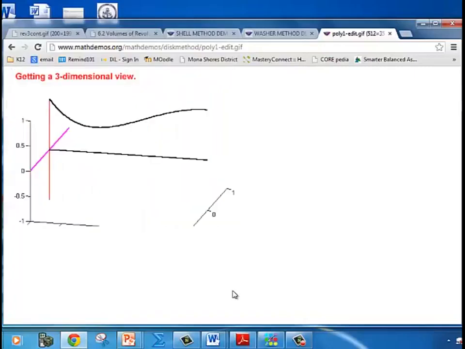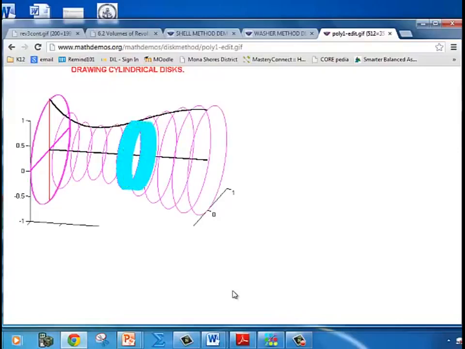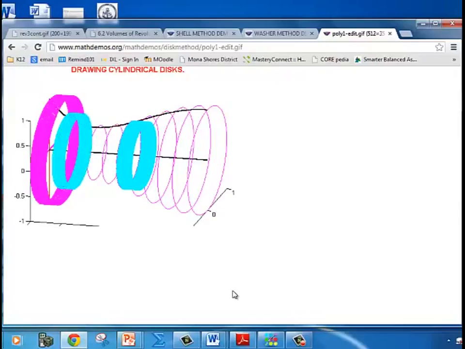So they're cutting it into little strips, and then they would take those little strips and make these little circular discs, or the volume of all of these discs right next to each other. It creates a three-dimensional figure, which you'll see in just a second.